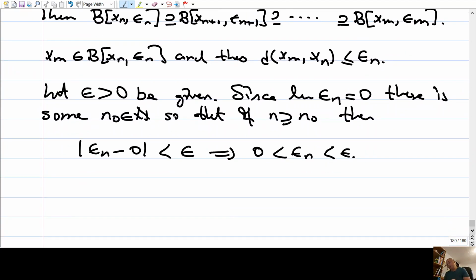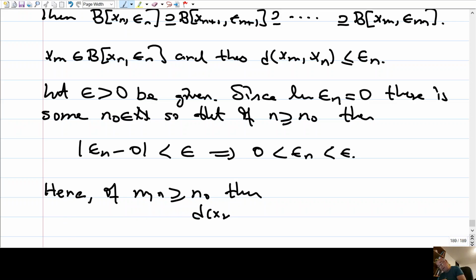Thus, if m and n are both larger than n_0, then the distance between x_m and x_n is less than epsilon_n, but if n is larger than n_0, then epsilon_n is less than epsilon. So we have this. So what we see is this then.